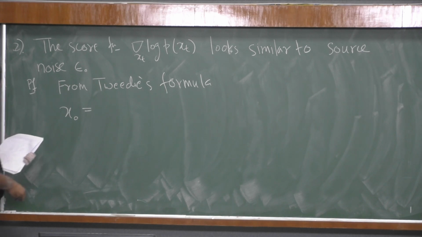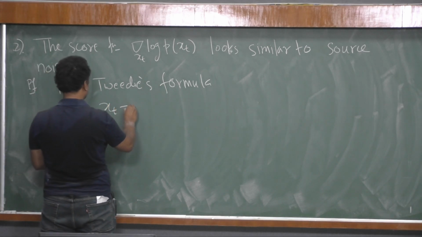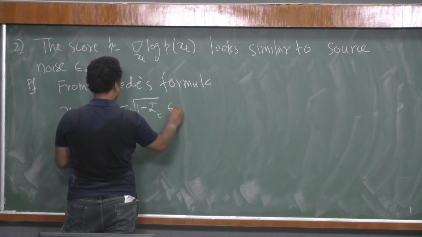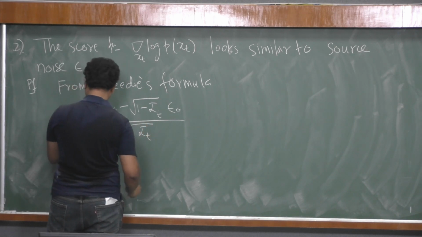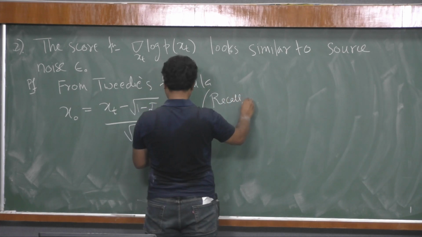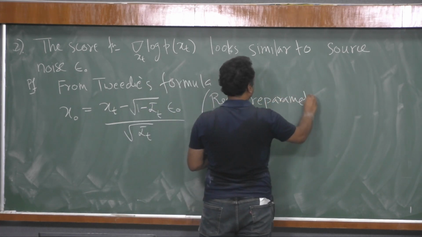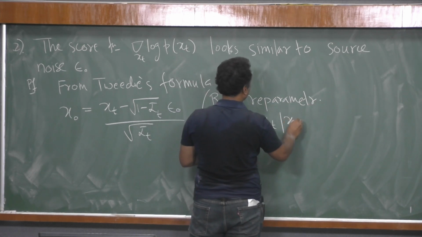From the reparameterization trick, x naught is x_t minus sqrt(1 minus alpha bar t) epsilon naught, divided by sqrt(alpha bar t). Recall, this is the reparameterization that we used to obtain q(x_t) from x naught.